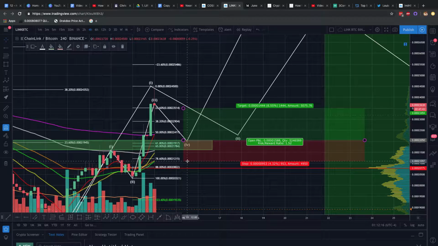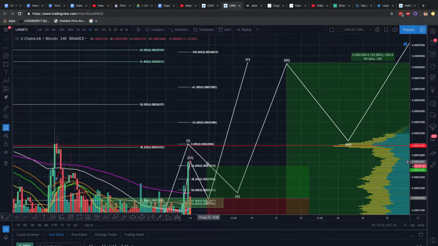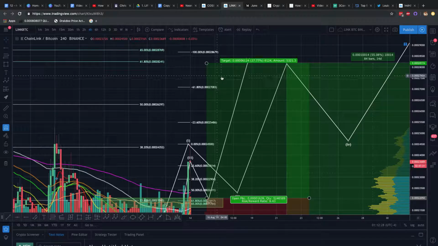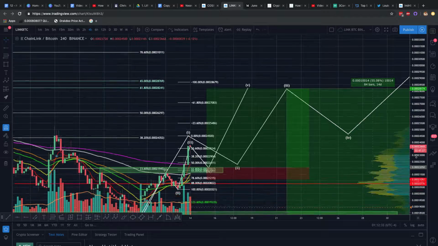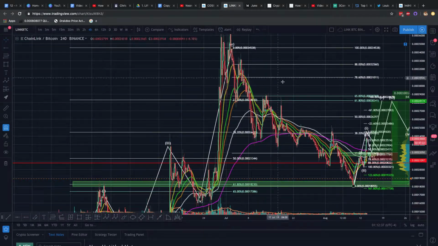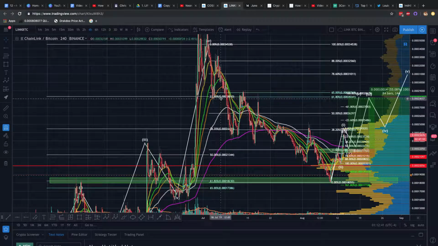And I'll put my stop below the 78.6, and that's not too bad. And if this works out to plan, then essentially it could go all the way up there for a 28% gain to this area, where it is the 61.8 retrace of this structure, and also the 23.6 of this big structure.